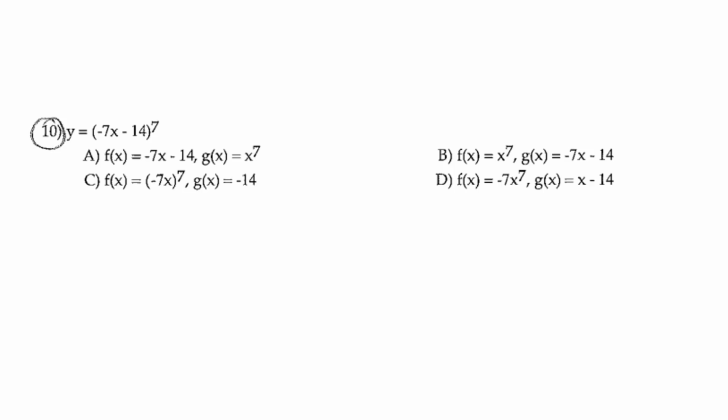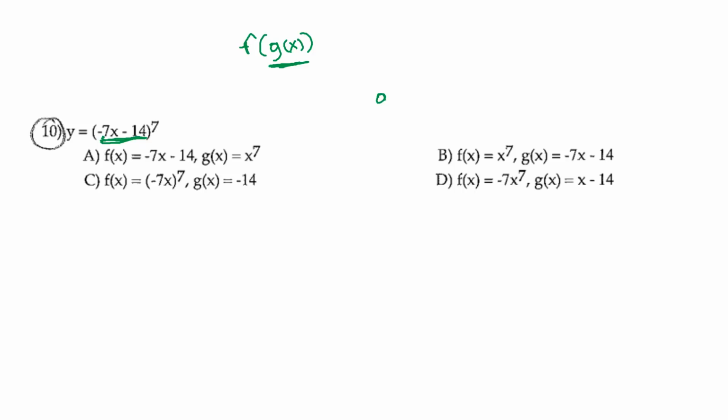On this function, we're asked, given that this is an expression of f of g of x, what would f of x be and what would g of x be? So g of x is the inside function. So notice that the inside of what we have here is negative 7x minus 14.